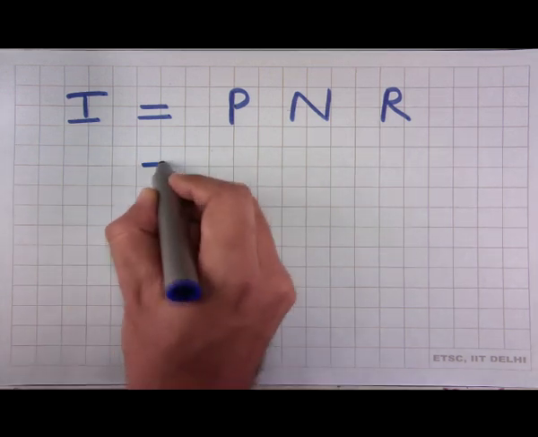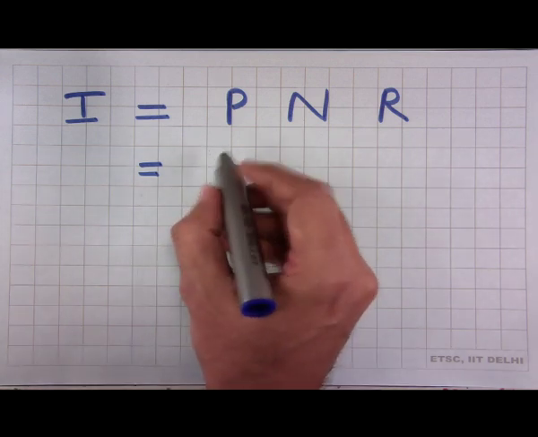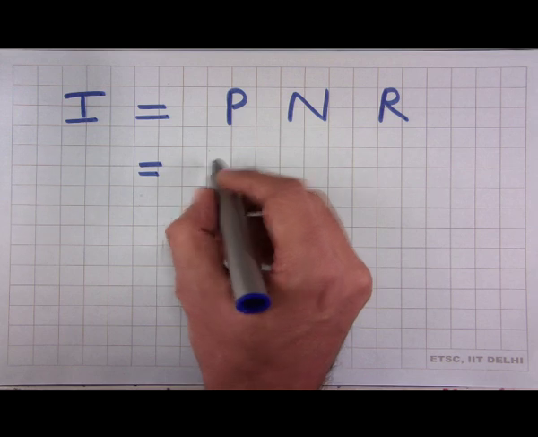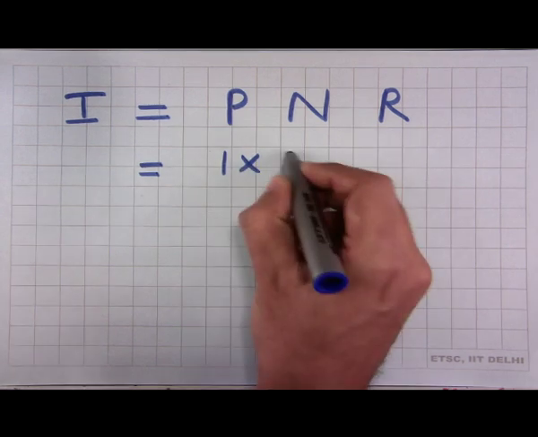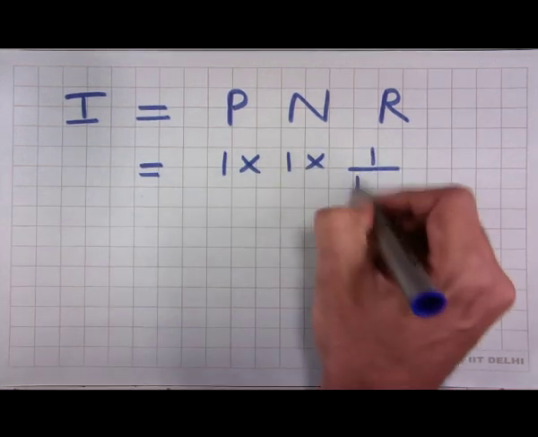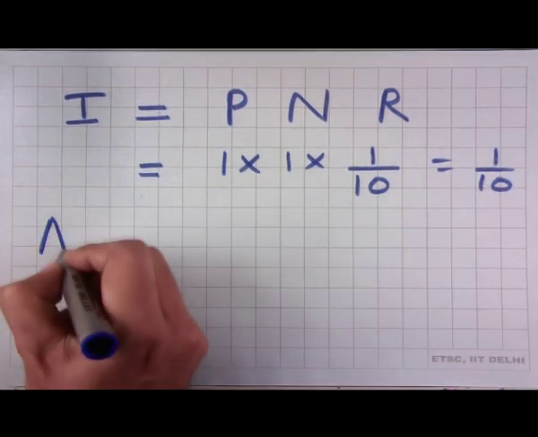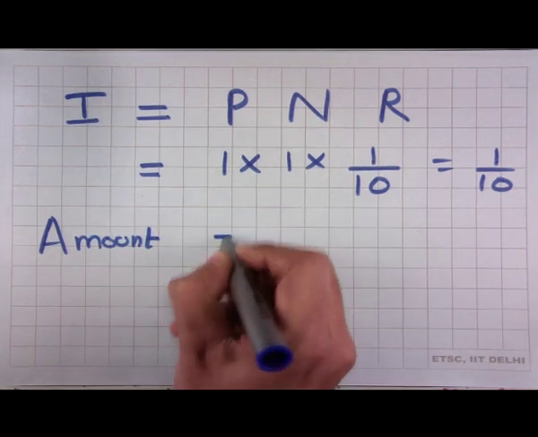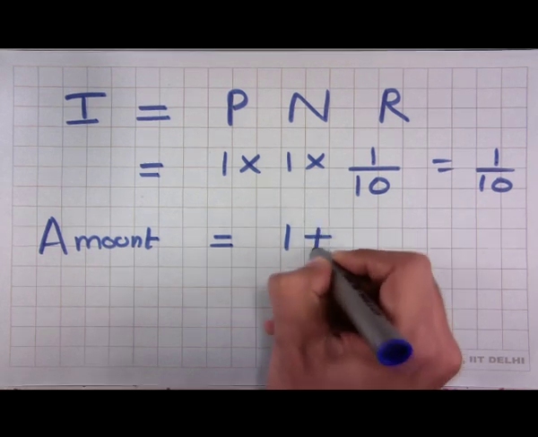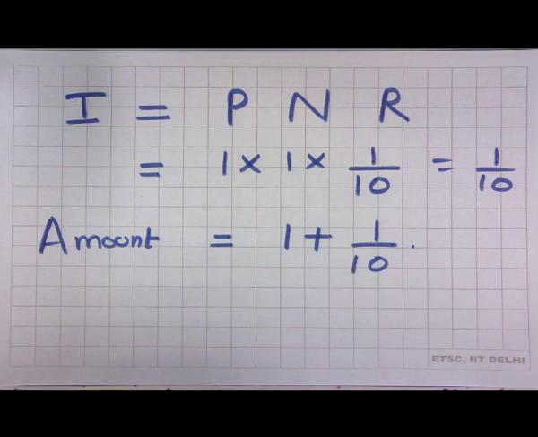In this case, it is easy to calculate that the interest amounts to 1 into 1 into 1 by 10, namely 1 by 10, and hence the amount at the end of 1 year will be 1 plus 1 by 10.